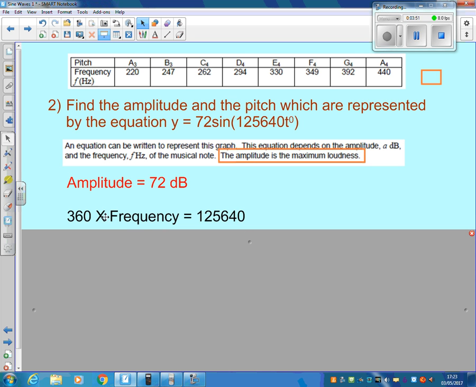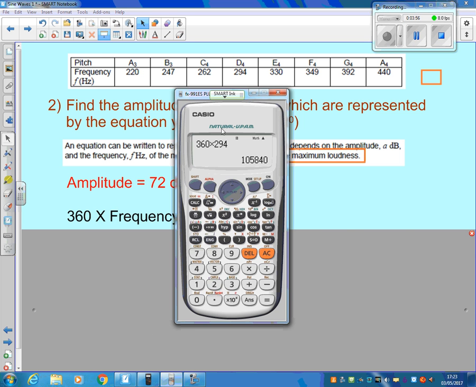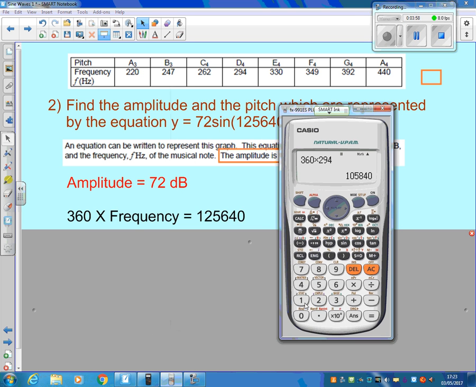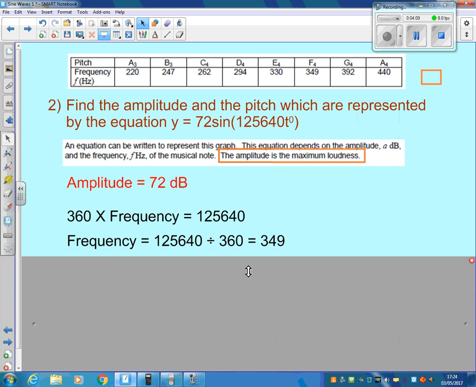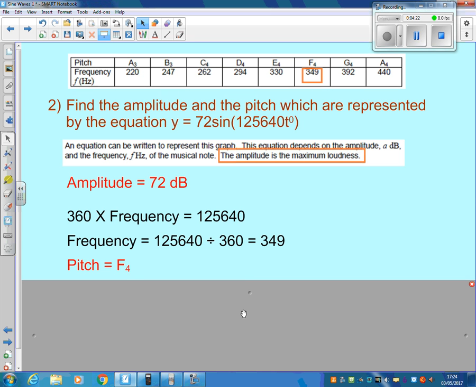So we divide 125,640 by 360. That equals 349. So that's telling us that the frequency should be 349. And so if we want the pitch, we look for 349. I've gone well past it. Its pitch is the note F4.